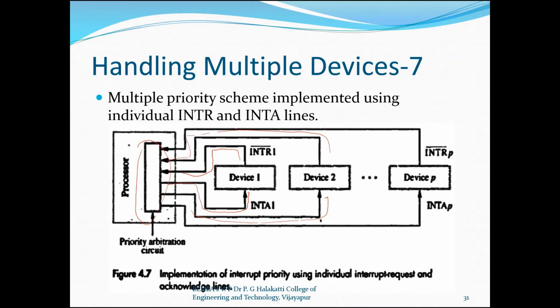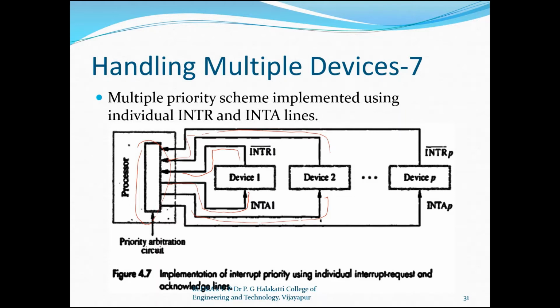This priority arbitration circuit assigns different priority levels to the devices. The arbitrator gets requests on different lines, evaluates them and issues an acknowledge signal to the highest priority device among the currently requesting devices. Later, a request is accepted only if it has a higher priority level than the one currently assigned to the processor.